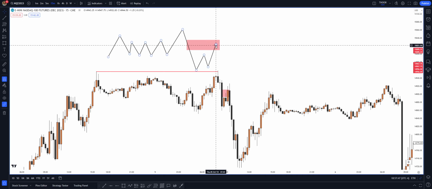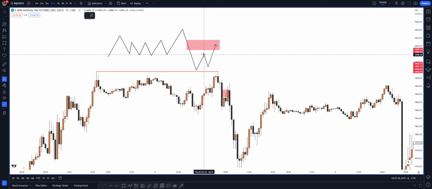In fact, I would expect a choppy, sloppy morning session, and I would be rather looking at the afternoon session just because the market printed a local swing high before New York market opens.